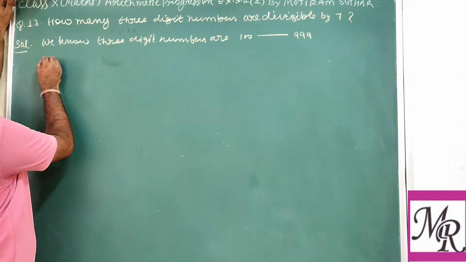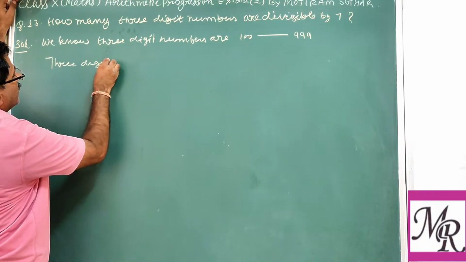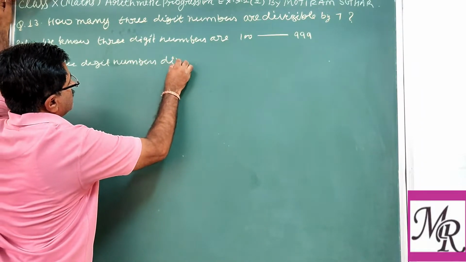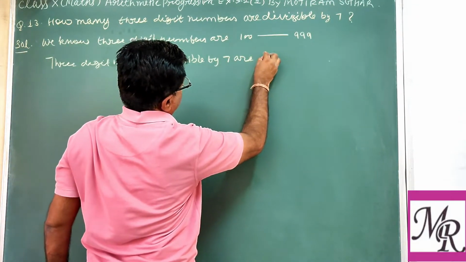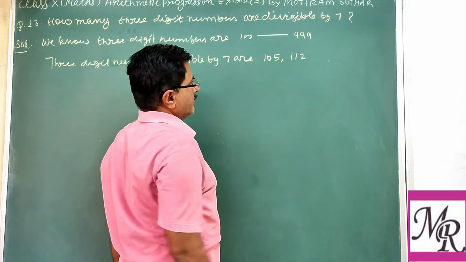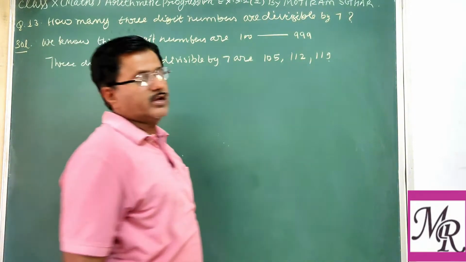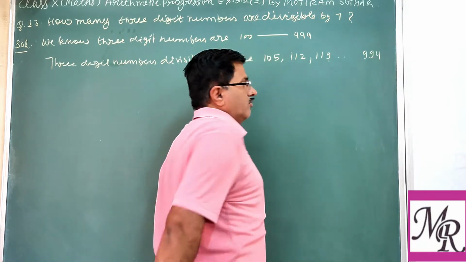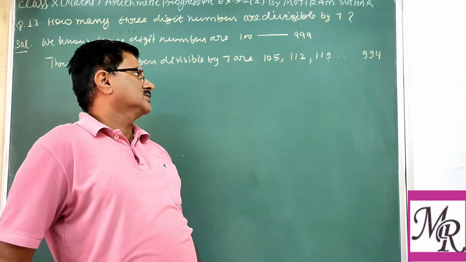So you can say 3-digit numbers divisible by 7 are: starting from 105, then 112, then 119. In this way we can find, and the last number you see is 994. This is the last 3-digit number which is divisible by 7.